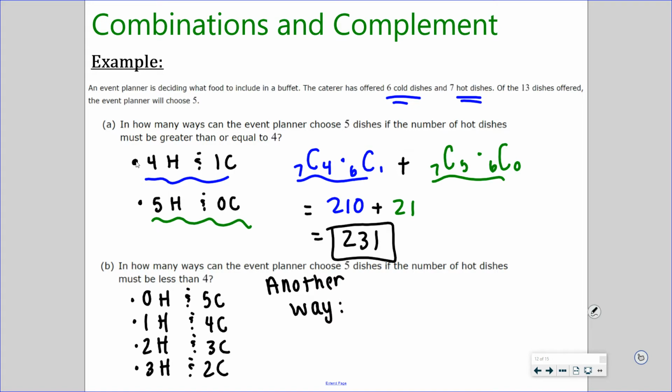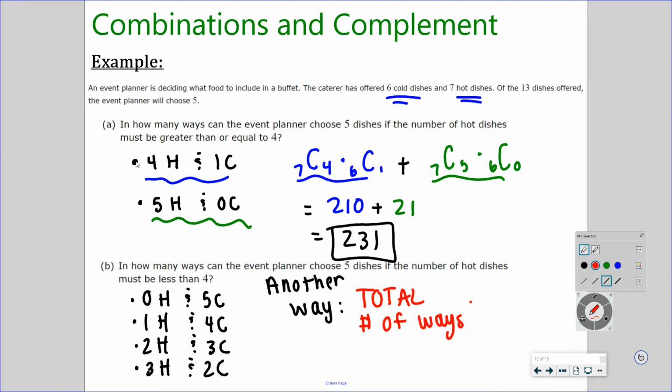is we can find our total number of ways. And this is pretty easy to do with one combination. We have 13 total dishes and we need to choose 5.